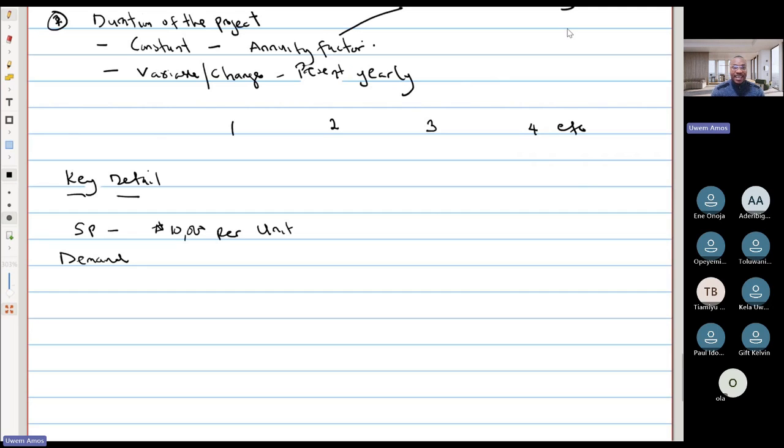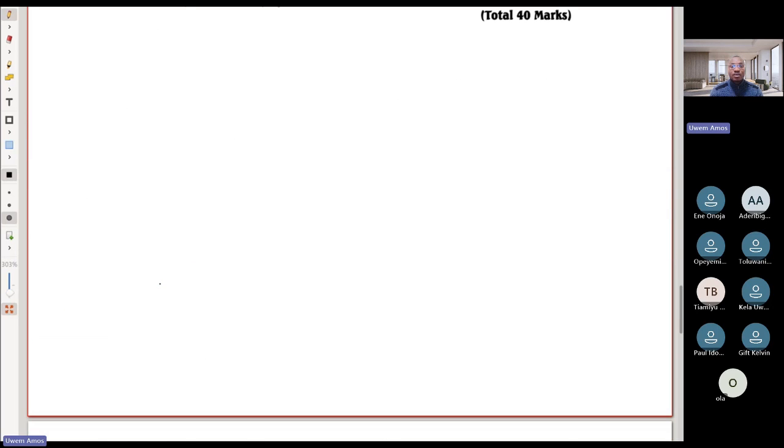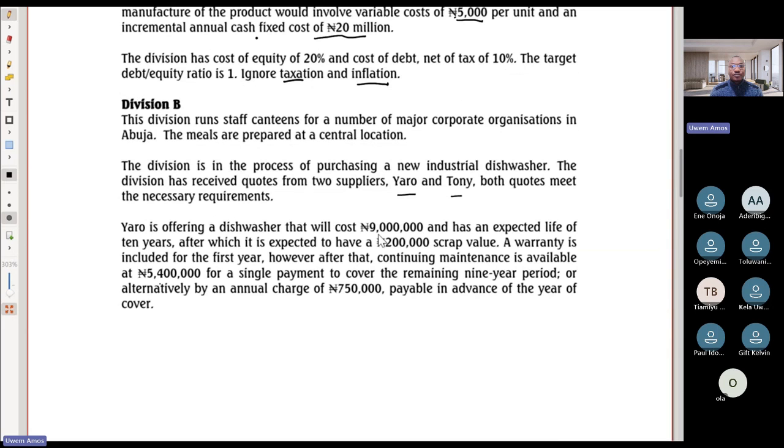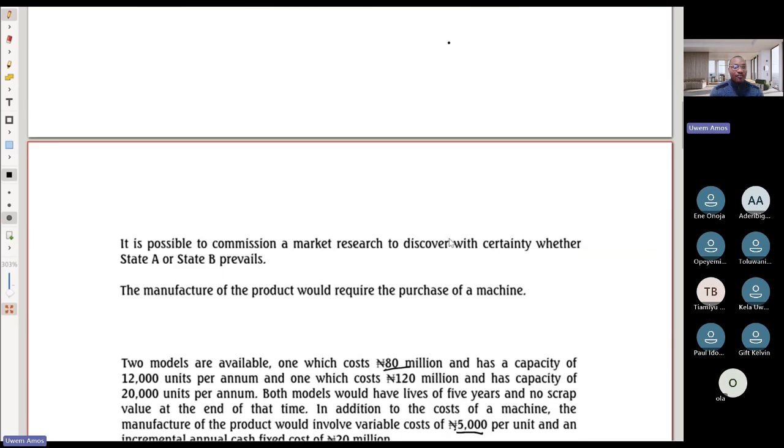So for our state A, we could have demand of 8,000, we could have demand of 11,000, and could have demand of 15,000. The probability of that happening is 20, 60, 20. So let me quickly just write that down. 8, 11, 15.